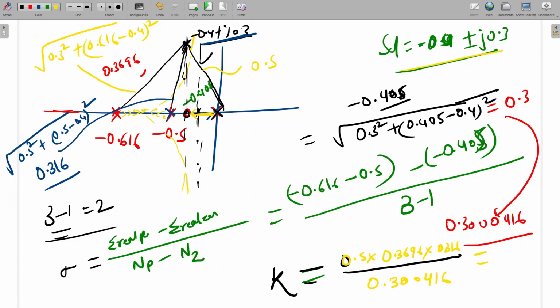How much is this value? 0.5 into 0.3696 into 0.316 divided by 0.300416. We are getting 0.1948.